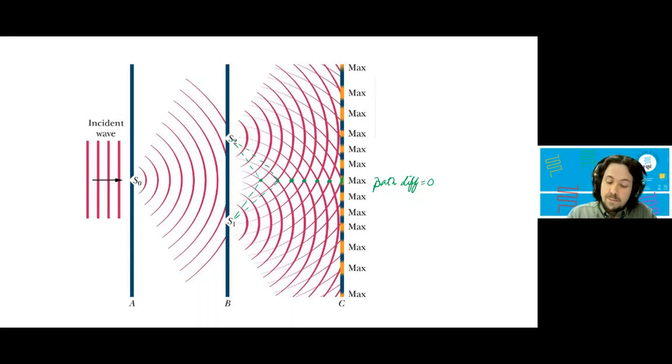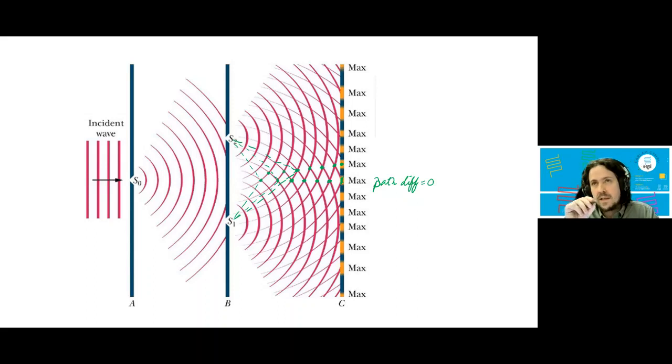We will also then think about explaining this bright fringe as well. And if we look at this bright fringe, then we can see a peak meets a peak here, a peak meets a peak here, peaks are meeting all the way where these lines intersect and cross, all right? But there's a very important distinction here, and that is that the light from S1 and the light from S2 travel different distances.